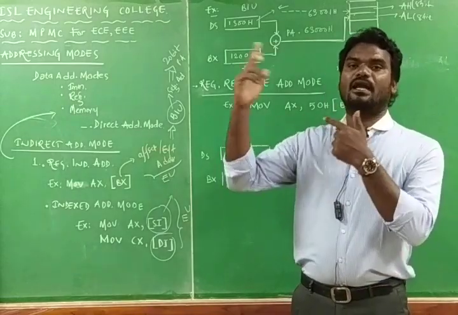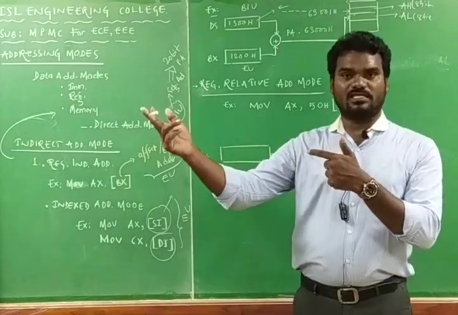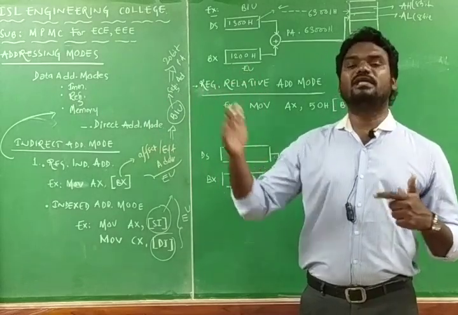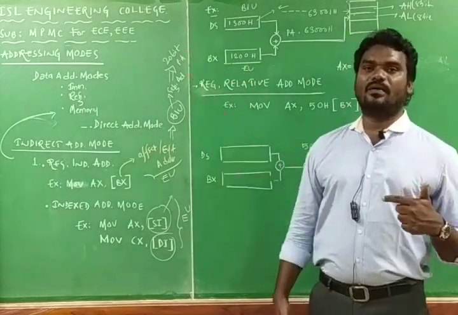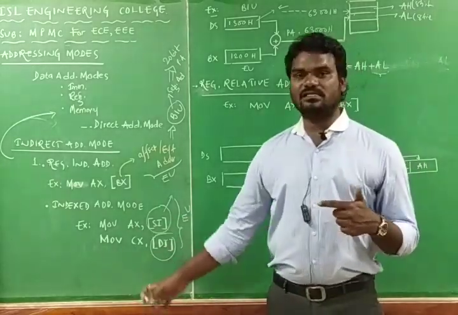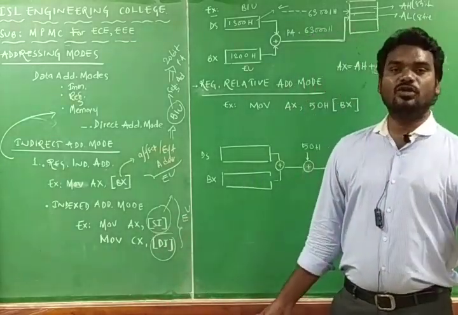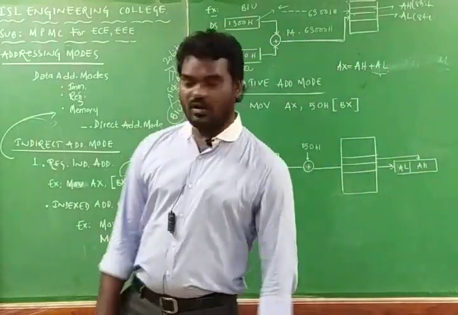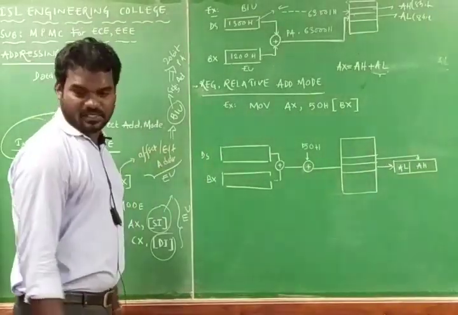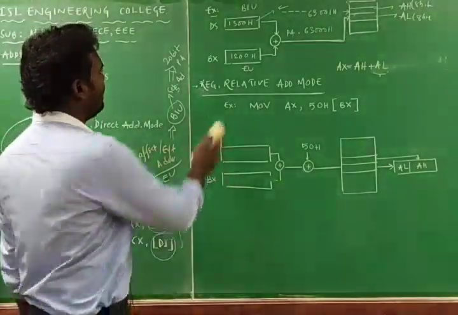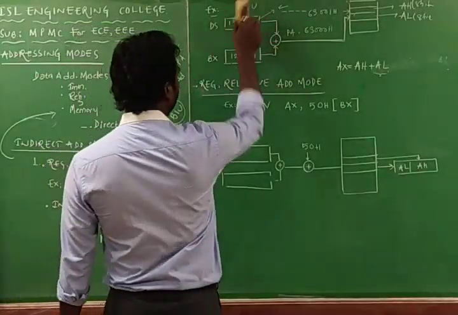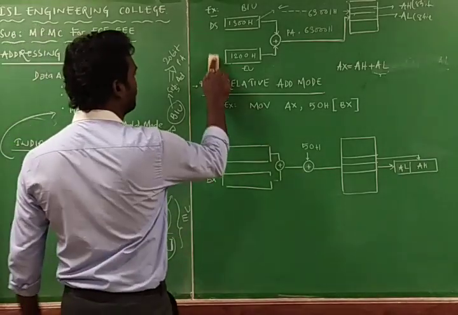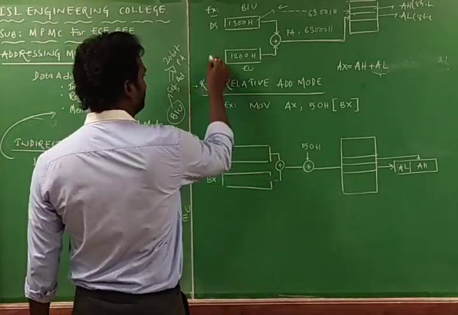That 20-bit physical address identifies one memory location in the 1 megabyte of memory, and from that it can access the operand, and based on the given instruction, the operations are performed on the operands. Now I am going with the example. Here, in this first example, the offset address is located in the source index register.